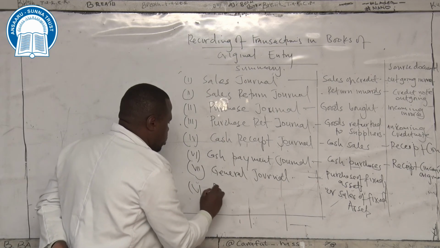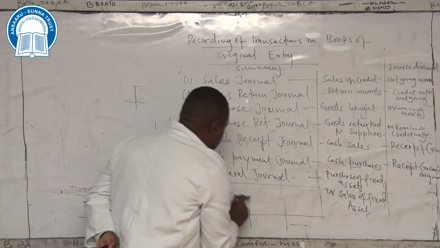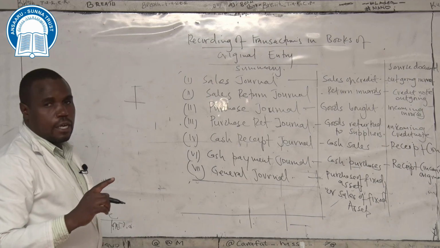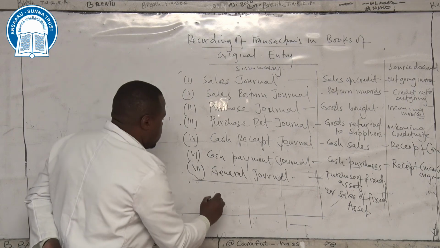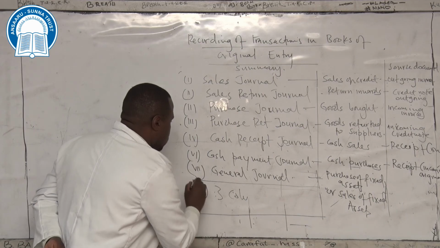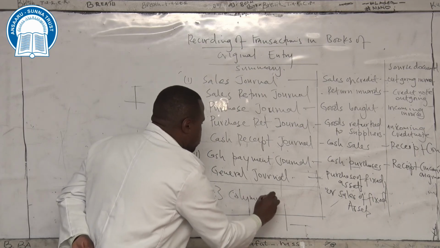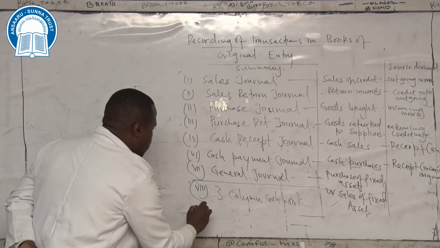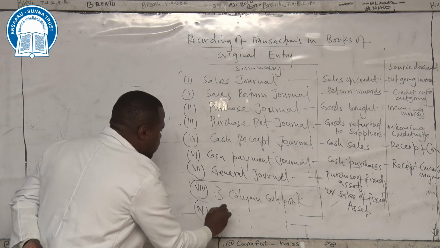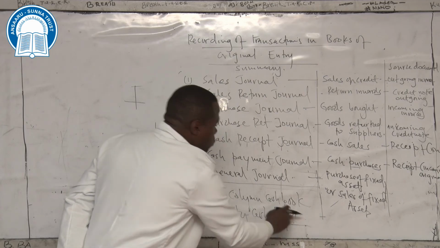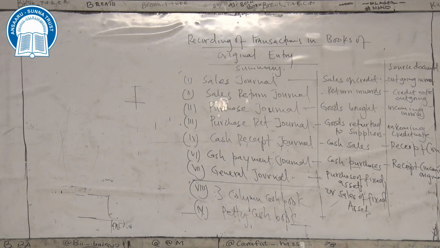So we have the petty cash book, which you're going to handle next time. Next time we are going to look at two major books of original entry, that is the 3-column cash book, and apart from that, we also have to look at the petty cash book.